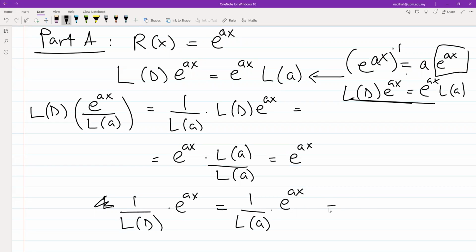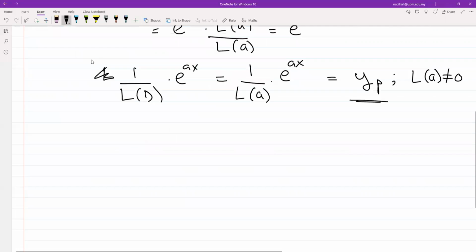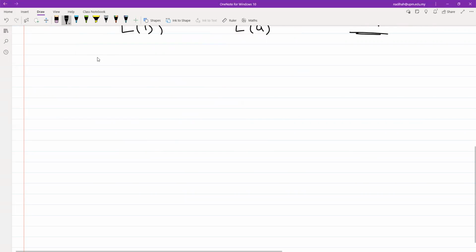So this is just equals to the particular solution, as long as L linear operator of a is not equals to 0. Okay, kalau L of a is 0, so kita kena tukar kepada method yang lain, iaitu kita guna exponential shift.